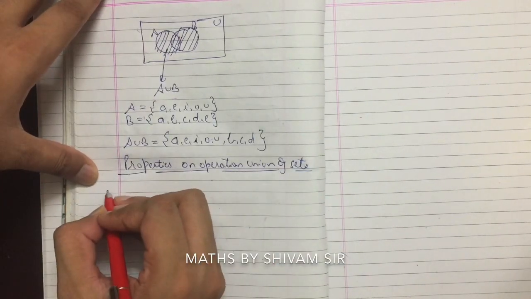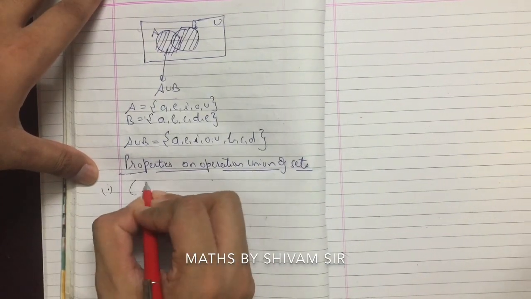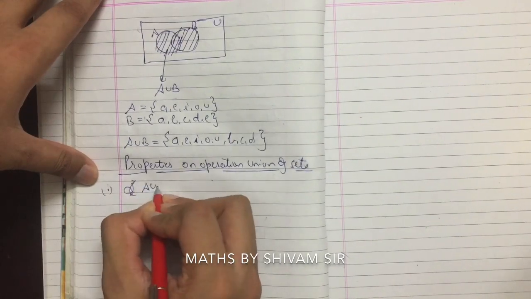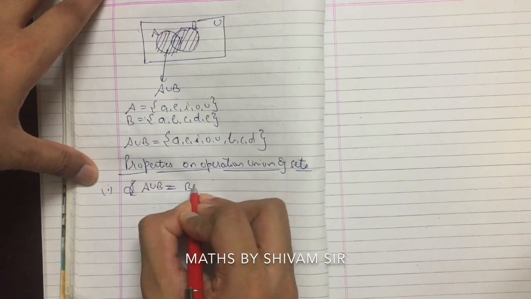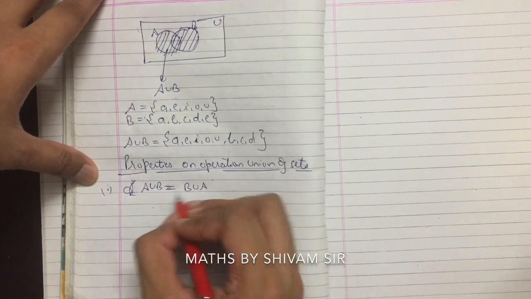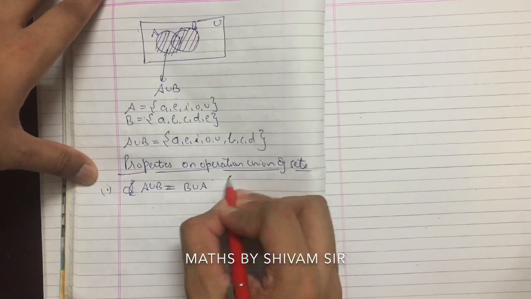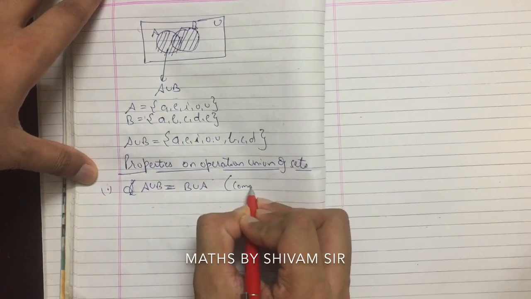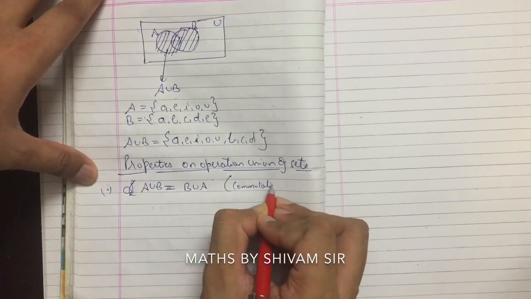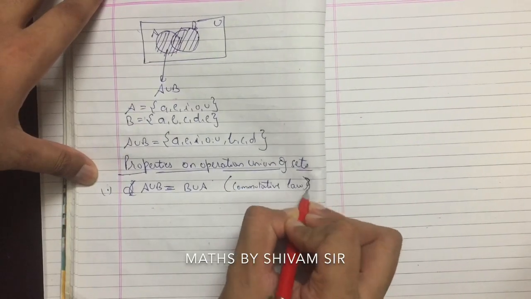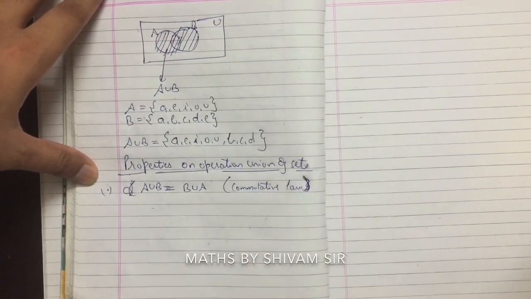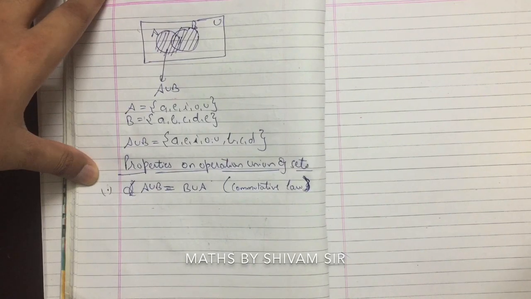First property is A union B will always be equal to B union A, irrespective of the sequence. We call it the commutative property, commutative law also. These sort of laws we have studied in operations of algebra also in lower classes, 6th, 7th, 8th.